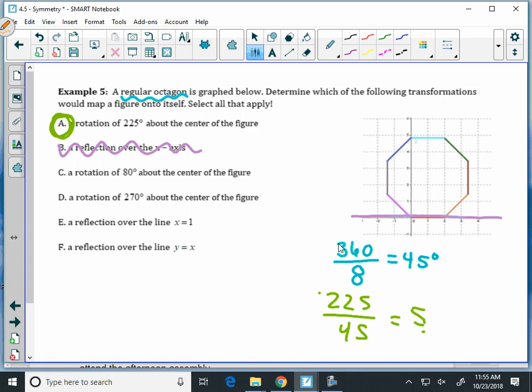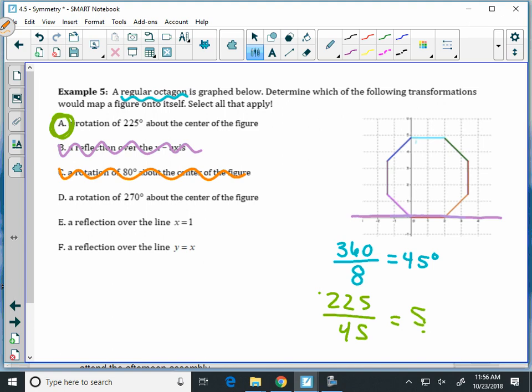C's talking about an 80-degree rotation about the center of the figure. Well, does 45 go into 80 evenly? No. So that's not going to be an answer, because if we rotate it 80 degrees, it will not map up onto itself. It has to be a 45-degree rotation. What about 270?